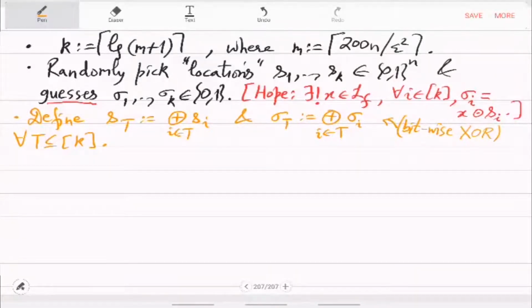This is done mod 2, or parity or XOR. So we have these locations now to be queried, the S_Tth location in F to be queried.